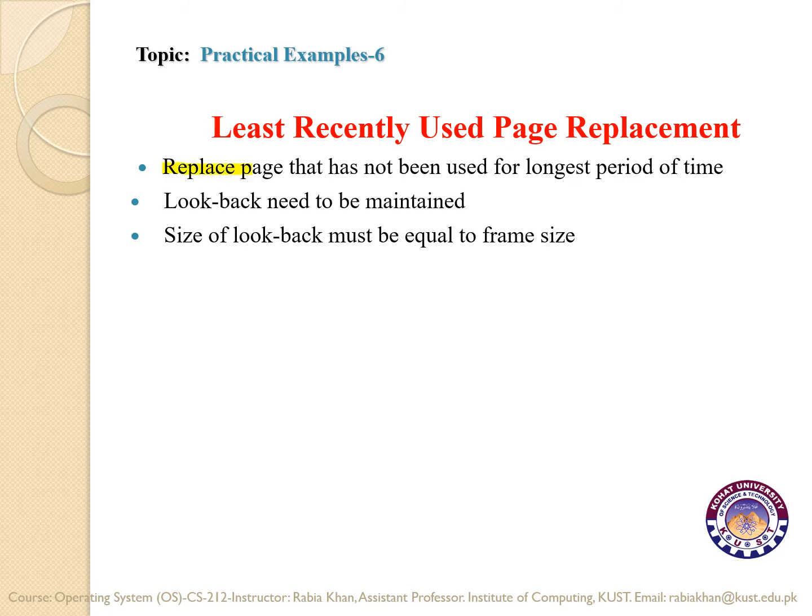It is to replace a page that has not been used for the longest period of time. That means we are actually referring to the past. So a page that has not been used for the longest period of time in the past is going to be replaced with the new page.